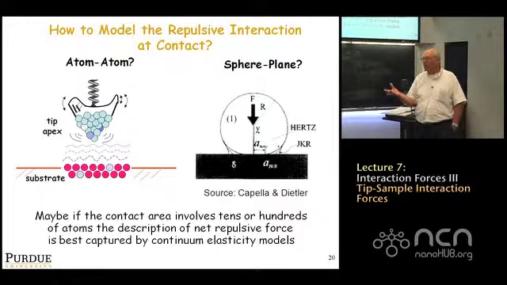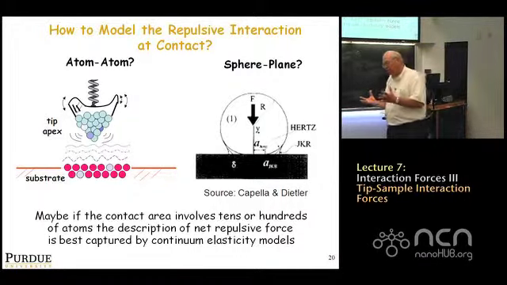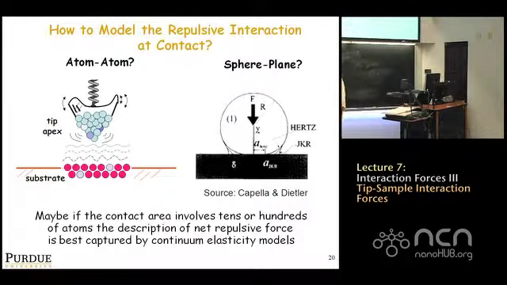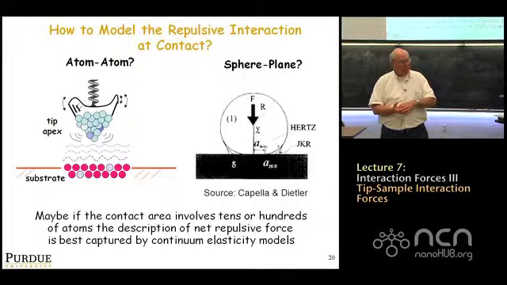And all you can do is do experiments and pursue the models and try to understand which model fits the experiment the best. So we're going to take the point of view of following the continuum elasticity models to discuss the contact between a sphere and a plane. And what we're interested in here, let's be clear, is how much the tip deforms when it comes into contact with the substrate.